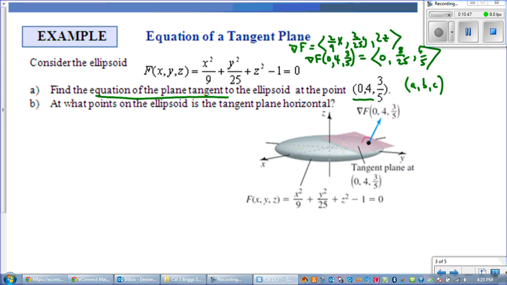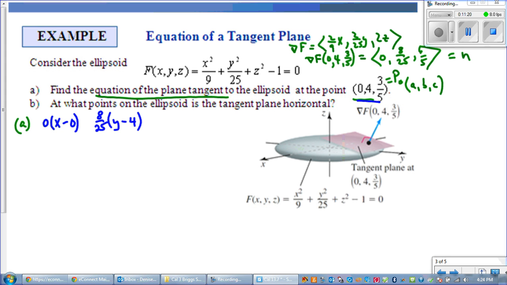So now, the equation of the tangent plane. This is our normal vector. This is the point. So our equation of the plane will be 0 times x minus a, plus 8 over 25 times y minus b, which will be y minus 4. So this first one was x minus 0.